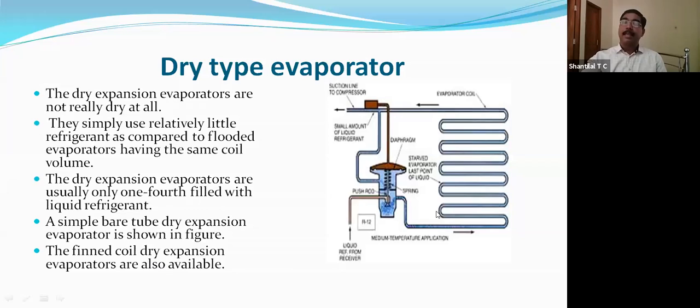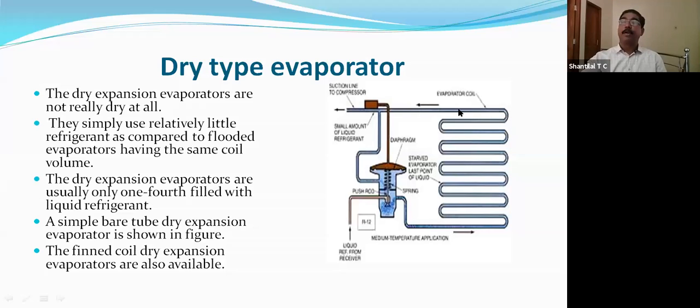And now I am telling the working. See, this is the expansion valve. Which type of expansion valve? Thermostatic expansion valve. Here is the inlet, and this is the outlet. At the outlet a feeler bulb is clamped. After expansion, the low pressure liquid refrigerant passes through this evaporator coil, and the evaporator coil absorbs heat from the space, and the space gets cooled.